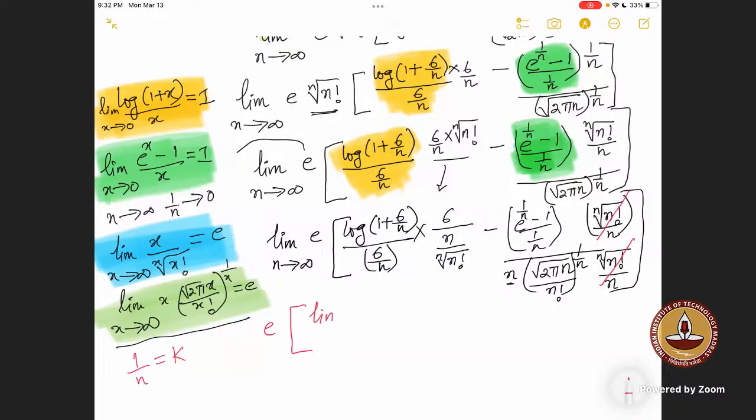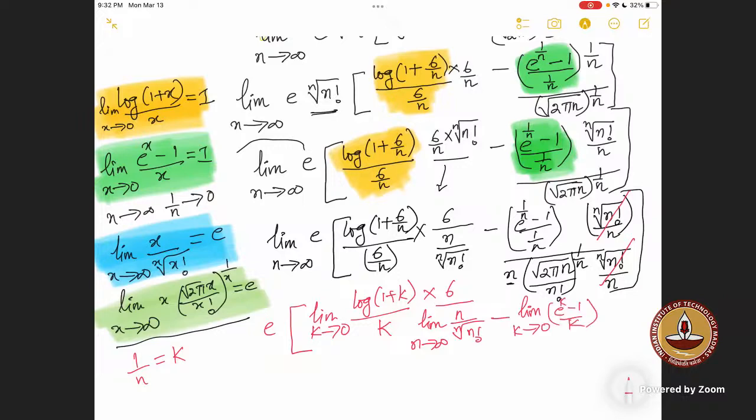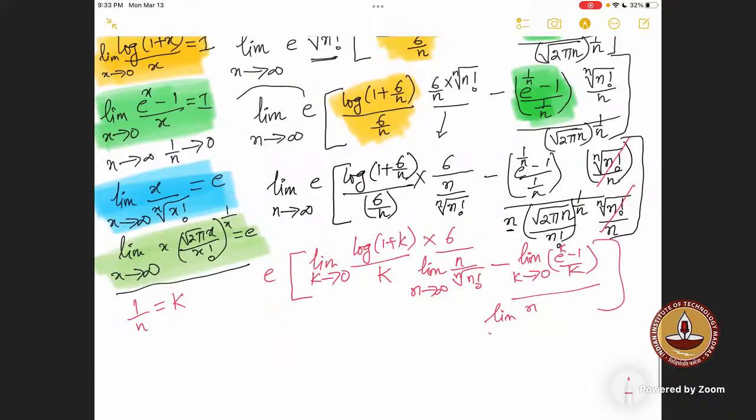This will remain same, limit n tends to infinity n by nth root of n factorial, minus, here it will be again limit k tends to 0 e power k minus 1 by k, by the denominator we have limit n tends to infinity root of 2 pi n by n factorial whole power.